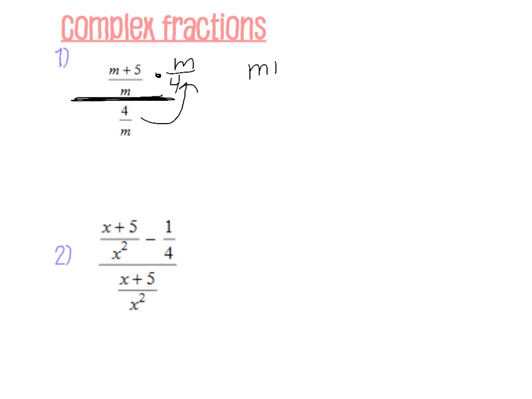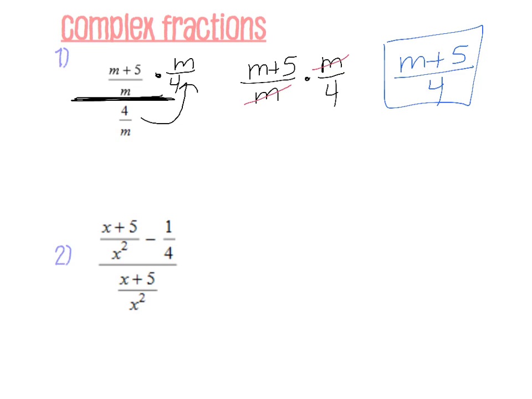This actually ends up looking then like this. Now I probably am not going to rewrite this every time, but just so you see what we're doing here. In a complex fraction, you take the denominator, bring it up and flip it and change it to multiplication. Then start doing your reducing that you can. And in this case, it looks like my final answer will be m plus 5 all over 4.